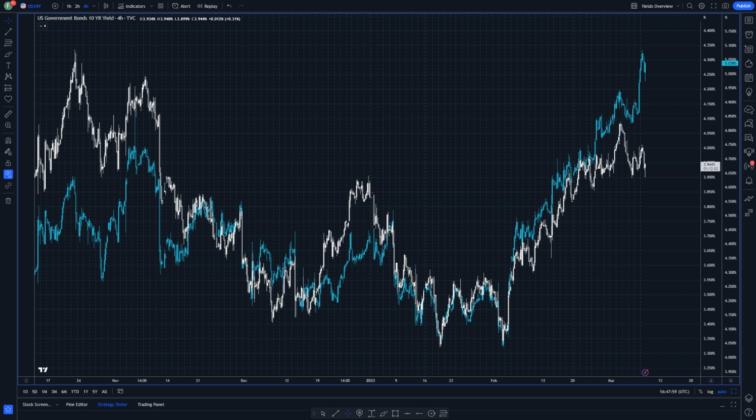So just to quickly explain what the question is referring to, it's basically these moves we can see here on the chart. The blue line with blue candles here is the 2-year yield. The white candles here is the 10-year yield. So it's referring to the moves that took place in the bond market following Fed Chair Powell's semi-annual testimony that we had last night.